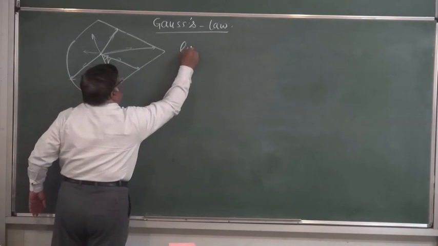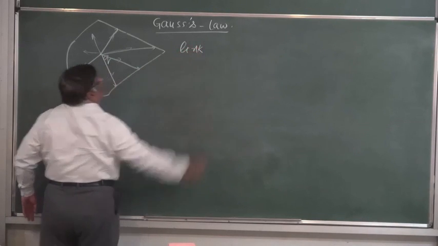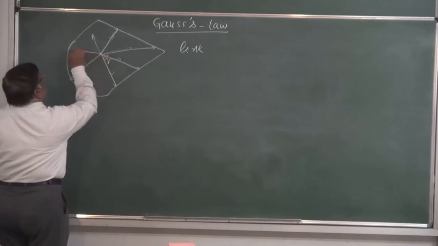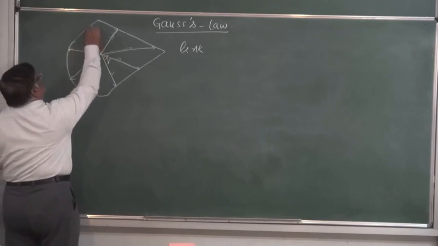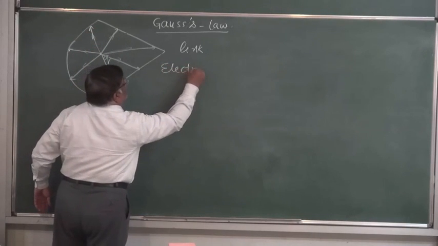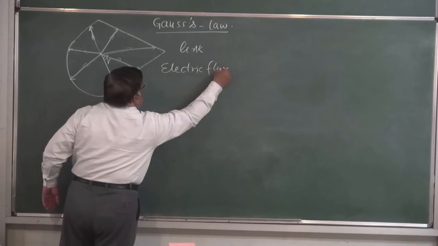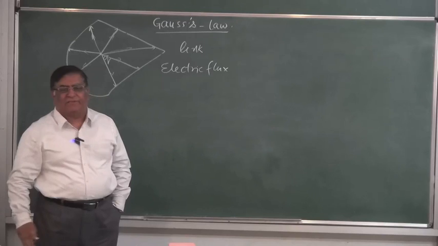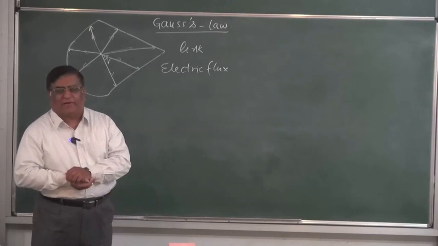What is the word we are using? Link. The quantity of electric field lines which is linked with the surface is known as electric flux. This we have studied in the previous lecture.